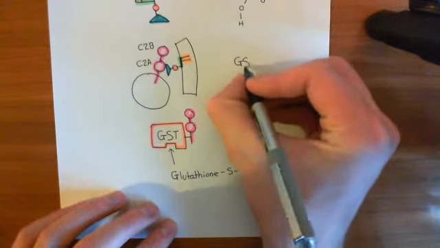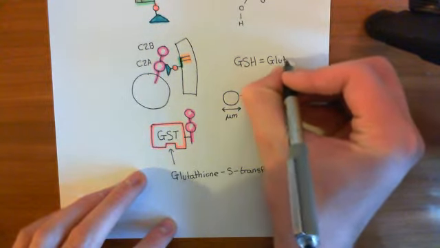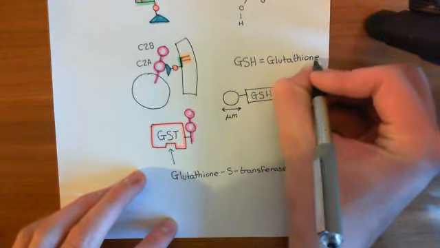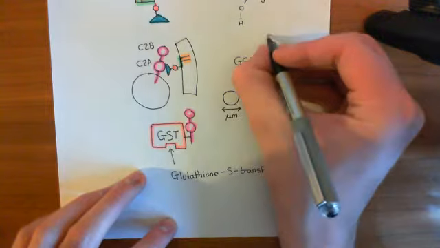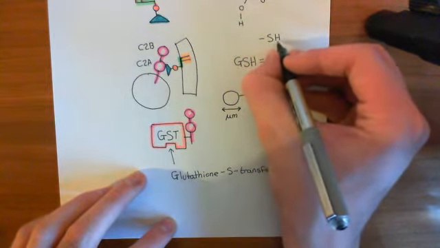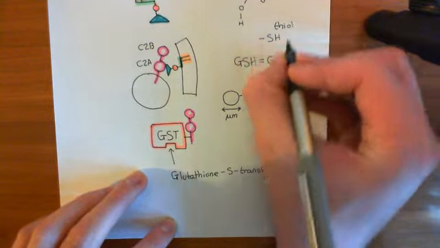So GSH stands for glutathione, and you might wonder, how on earth does GSH stand for glutathione? Well, SH represents sulfur with a hydrogen bound to it, which is what's known as the thiol group.